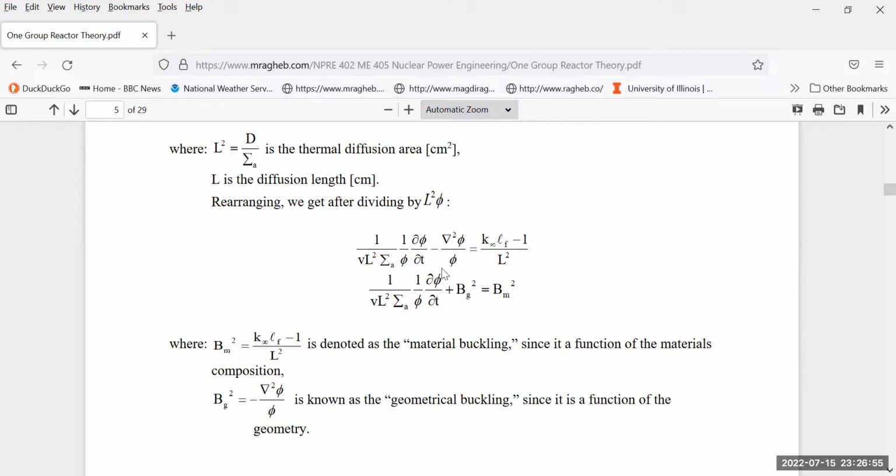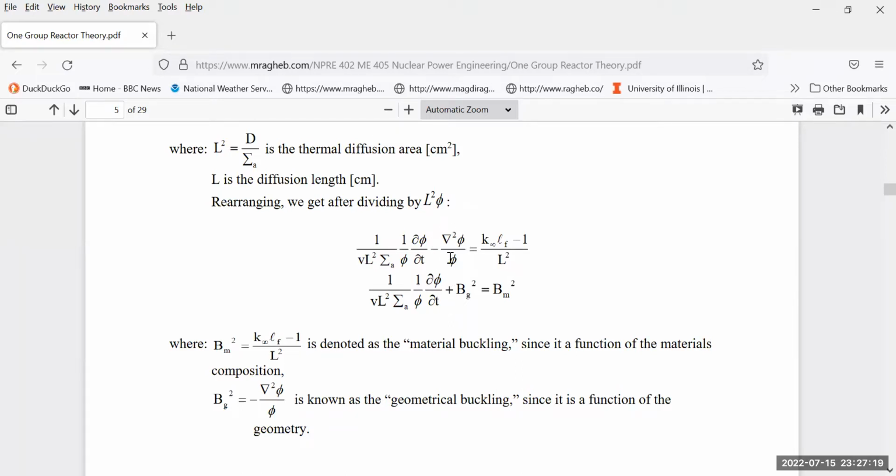That term, del squared phi over phi, appears in other applications, particularly structural engineering, and it describes how a beam is buckled, putting some stress on both its sides.